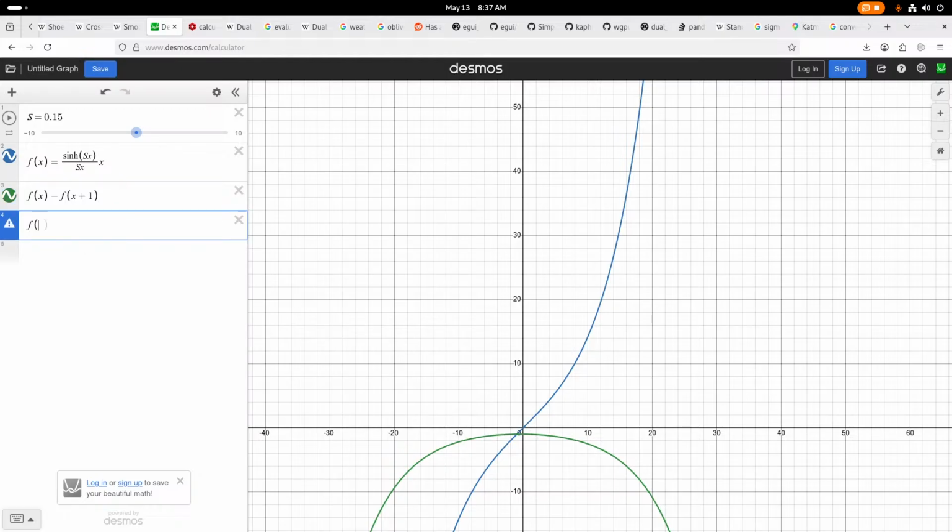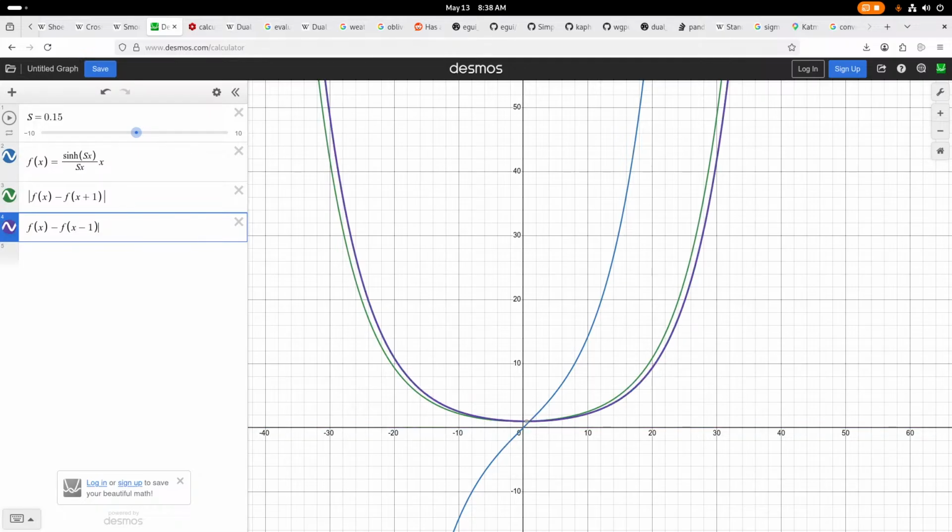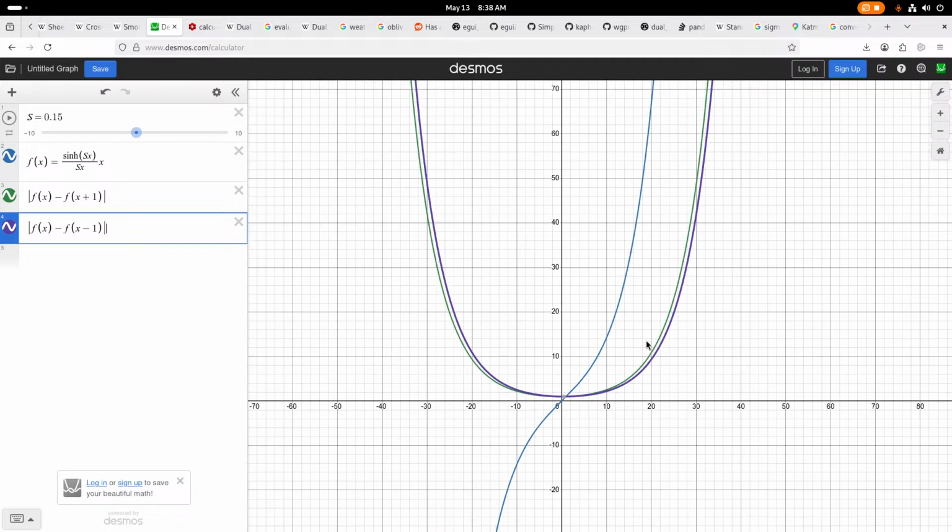Oh, no, this should be f of x plus 1. Yeah, it should have the absolute value: f of x minus f of x minus 1. Yeah, okay. It's similar, right? That's what I expect. Obviously it diverges, but it's similar.